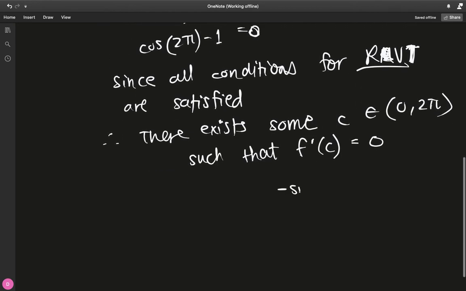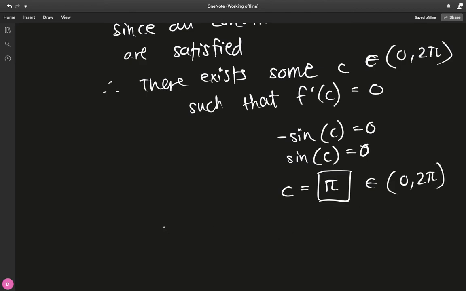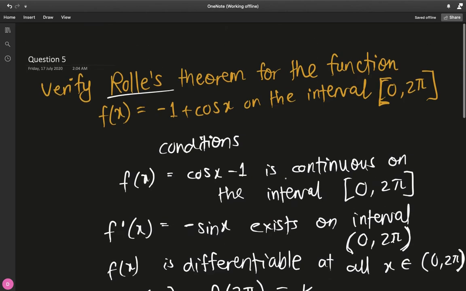Negative sine of c is equal to 0, so sine of c is equal to 0, and on the interval 0 to 2 pi, exclusive, 0 and 2 pi are excluded. That's why the other place where c can be 0 is simply pi, and that certainly belongs in 0 to 2 pi. So hence verified. Rolle's theorem is verified.